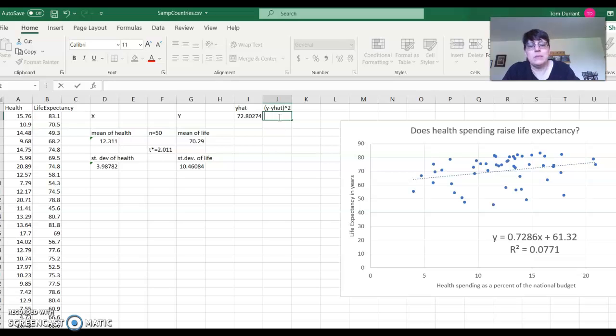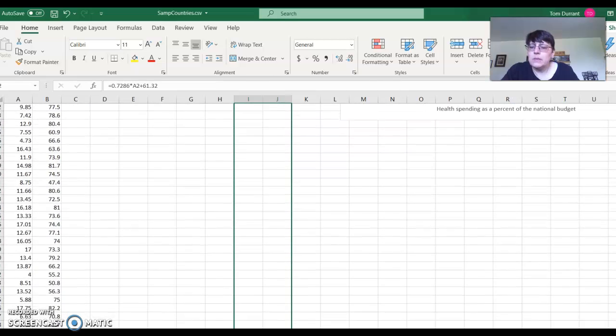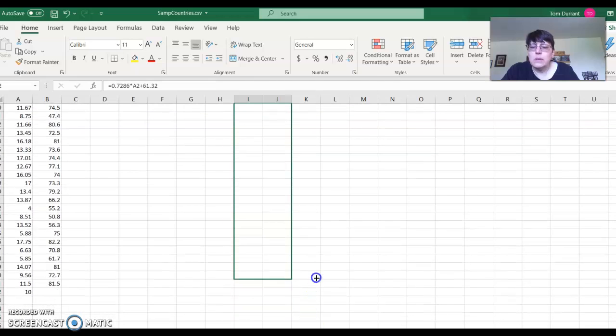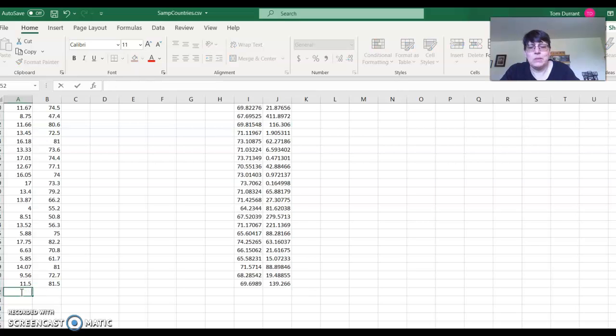Equals parenthesis y minus y-hat, close parentheses, square it. Okay, and then I can click and drag down. So these are the squared residuals.